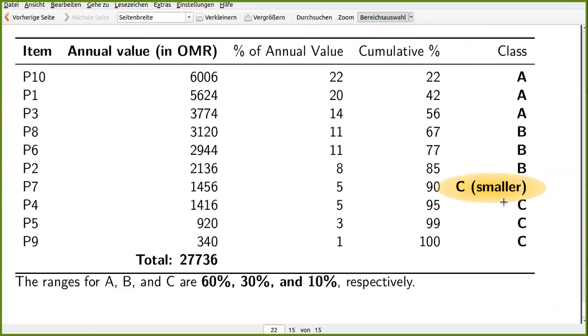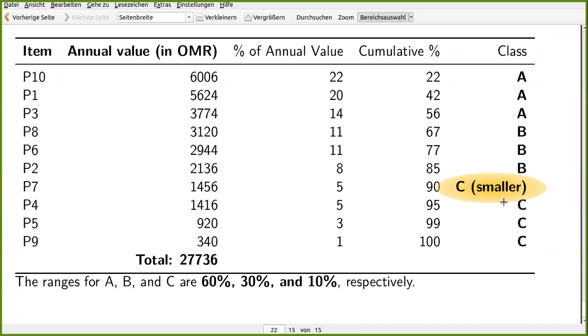Okay, and that's it. That's how you do the ABC analysis. And why do we do that? Now we have a grouping of our items, and the management can spend most of the time on the items in group A, because these are the items where we spend most of our money in our inventory.